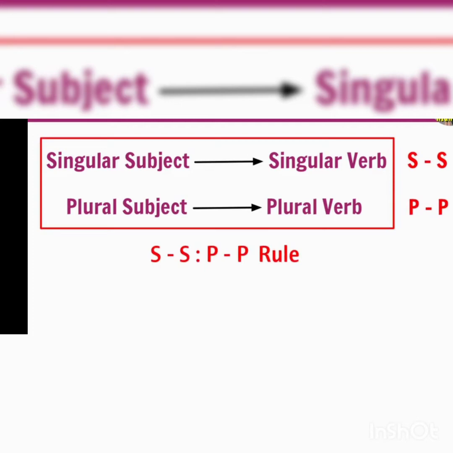That means if subject is singular, for example, he, she, Ram, anybody's name, it, then the verb should also be singular. We should use the singular verb. Whereas if our subject is plural, for example, they, we, then our verb should also come in plural.